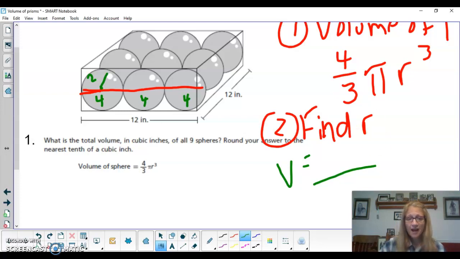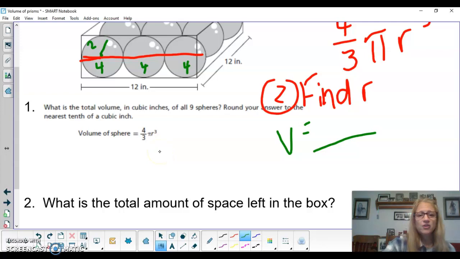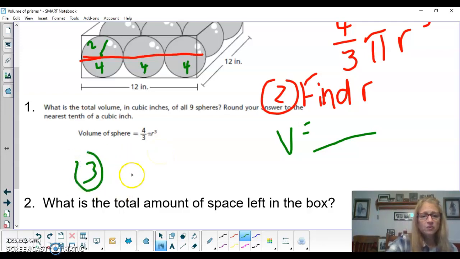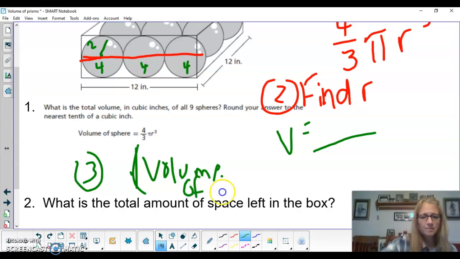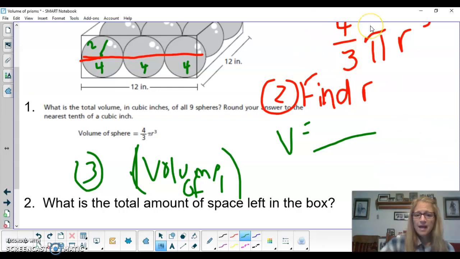Right, we have to find the total area of all of them. So they're all the same. So you're going to take the volume. So step 3 is you are going to take the volume, whatever you get here. The volume of 1, which is this right here, which is what you get, and you're going to multiply it by how many spheres are there?